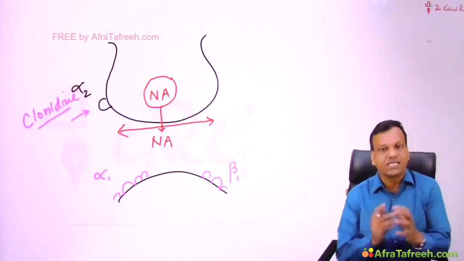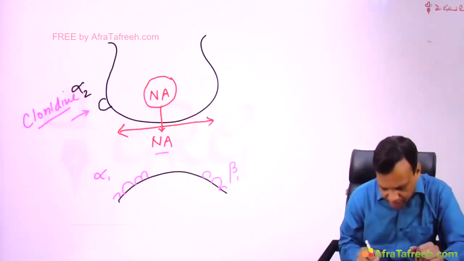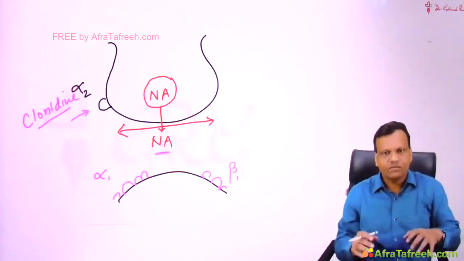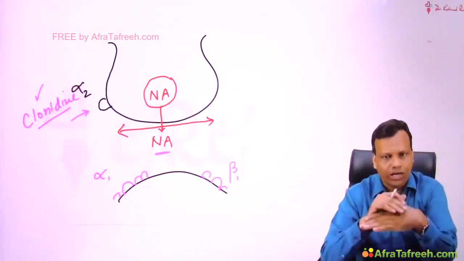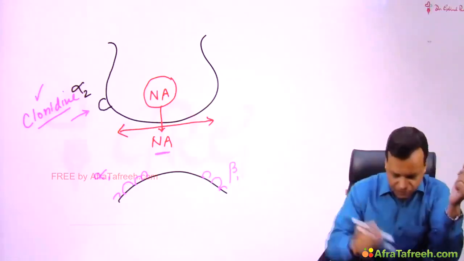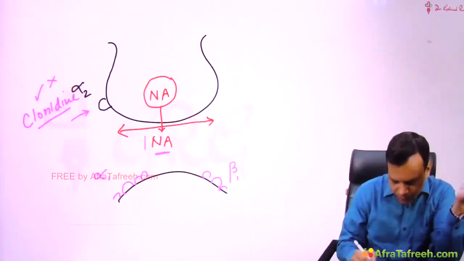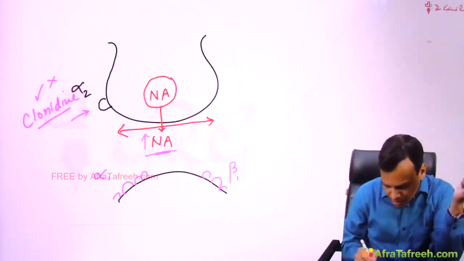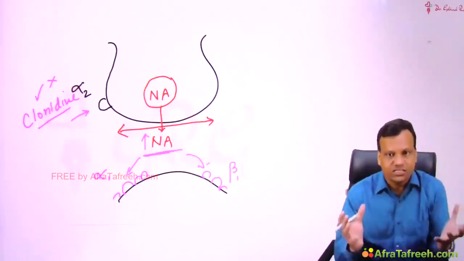So the number of receptors increases. Due to the increase in number of receptors, whenever noradrenaline comes, it can act on a large number of receptors. Till the time we keep on giving clonidine, noradrenaline does not come, so no problem occurs. But when we suddenly stop clonidine, noradrenaline comes, and it will find so many receptors. So the action suddenly increases.